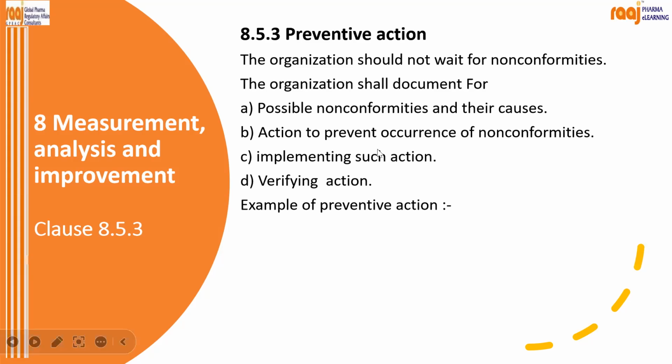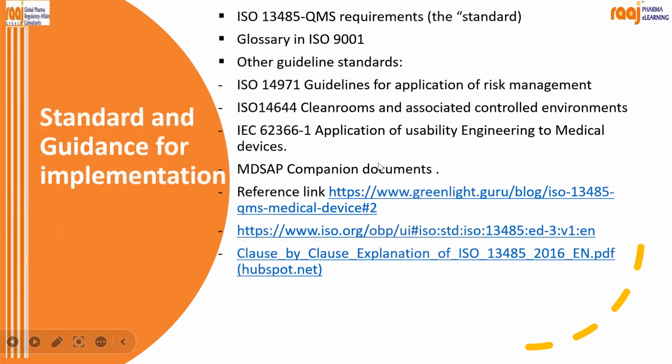So that's how we have covered all 8 clauses under ISO 13485. These are the guidances available when you build your system as per ISO 13485. Along with that, you have to read ISO 9001, which is the base standard. For risk management, you have to go through ISO 14971. If you have any clean rooms and associated controls, then you go for ISO 14644.